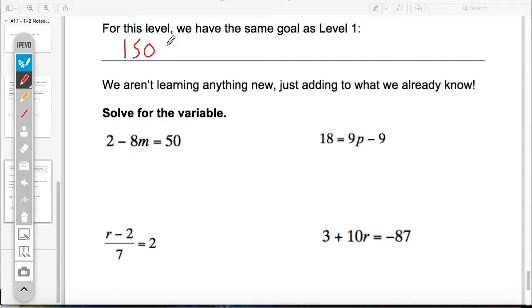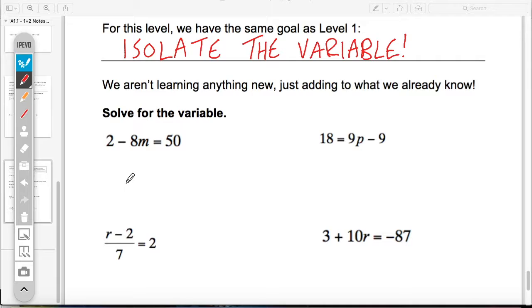Isolate the variable. I put that in all capital letters because that is extremely important. If we're not isolating our variable, we're probably not doing it right.